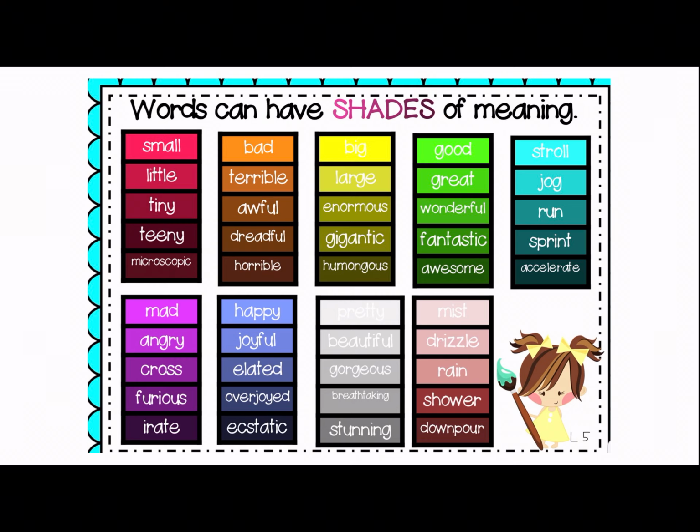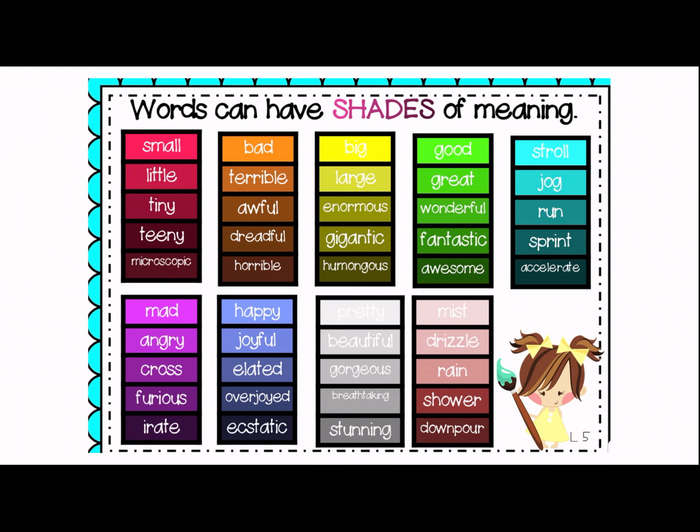There are a lot of different shades of meaning depending on what you're talking about. Take a look at this chart for a minute. You can see different shades of meaning to describe size, like small. Or if you look at the darkest shade, you'd see the word microscopic, which means really, really, really tiny. You can only see it with a microscope.